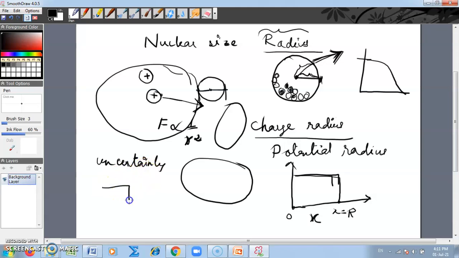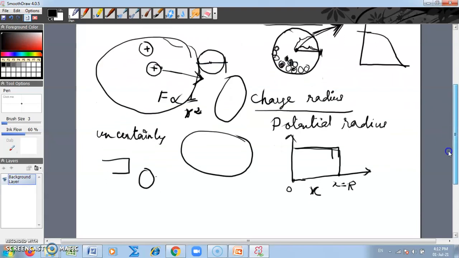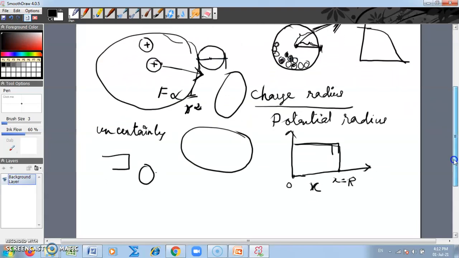For a big object like this, if it is moved by a very small distance, it doesn't matter at all. But for particles which are so small, a little distance means a lot, and so these are quantum mechanical particles obeying the uncertainty principle.